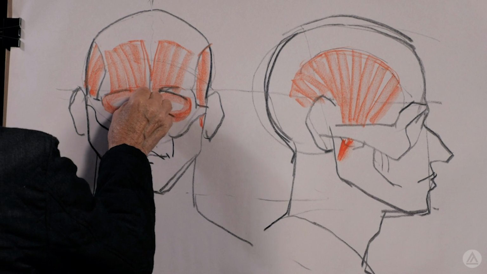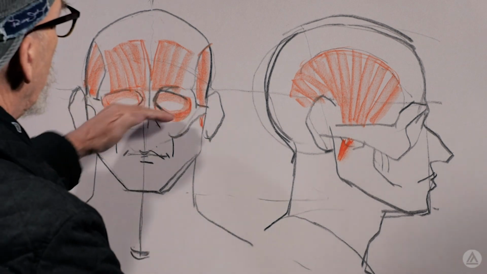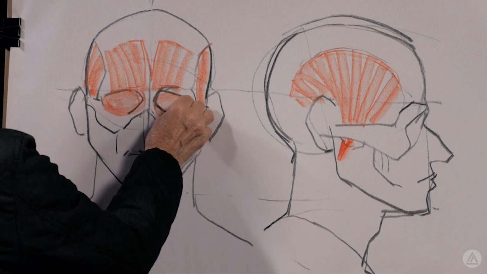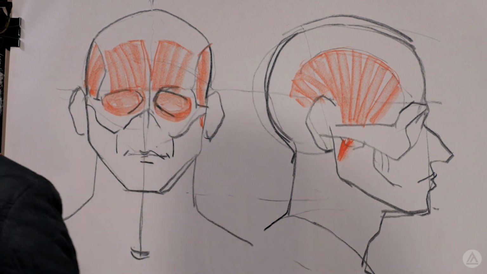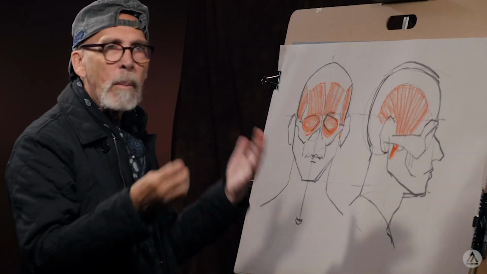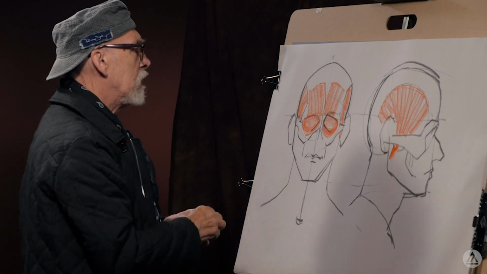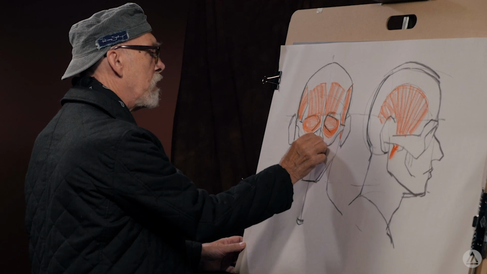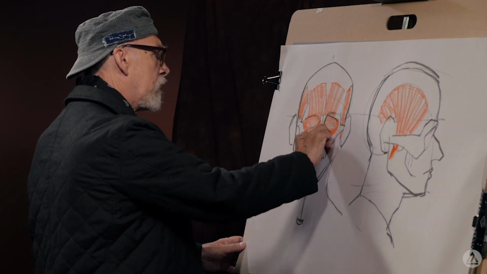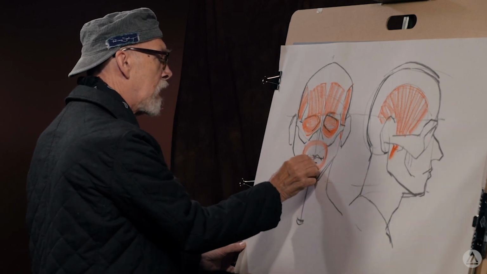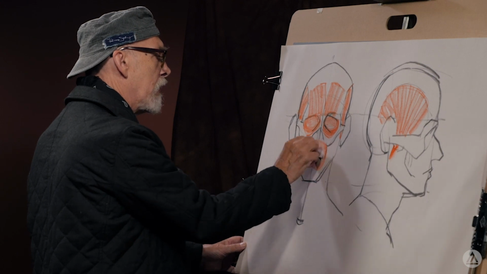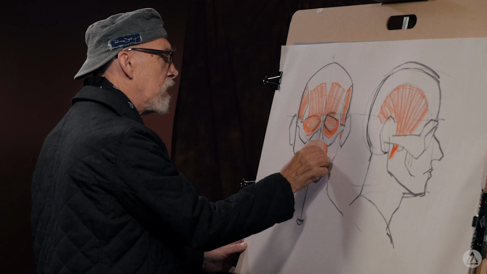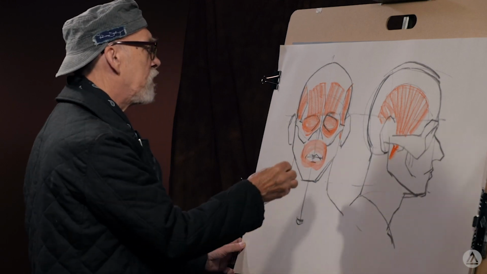In fact, it covers the whole area, even the eyelid, because that muscle also controls the eyelid. Now there's another orbital muscle on the face and the head, and that's the muscle that wraps around the mouth. This is the muscle that makes it possible for us to whistle, for example.